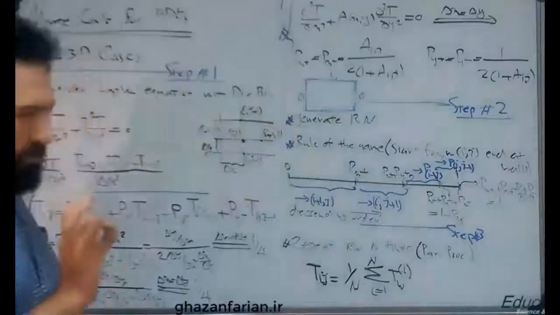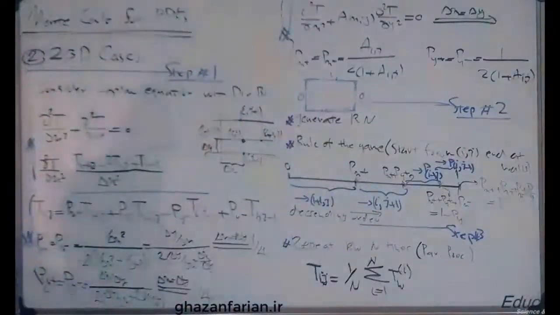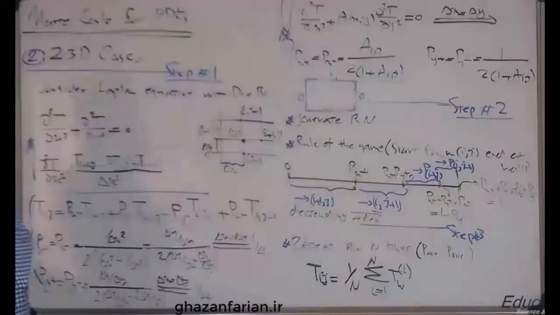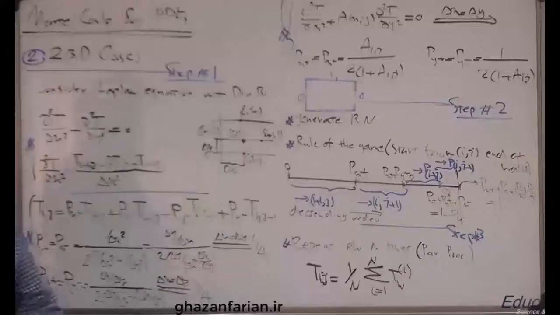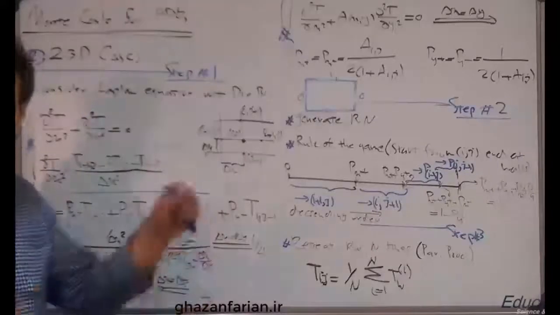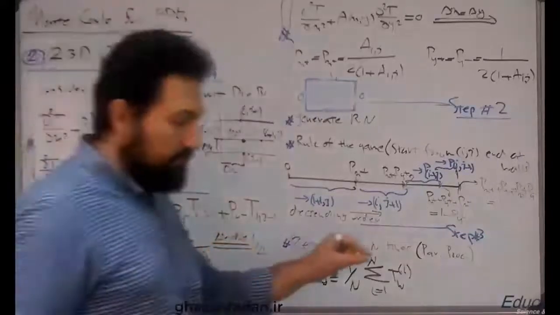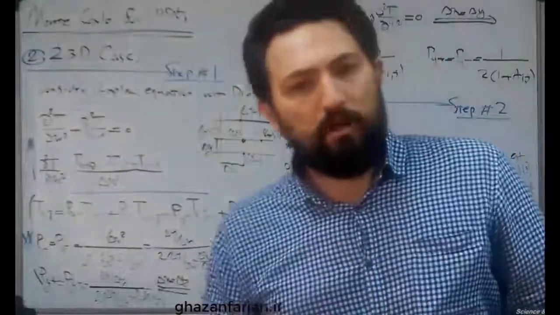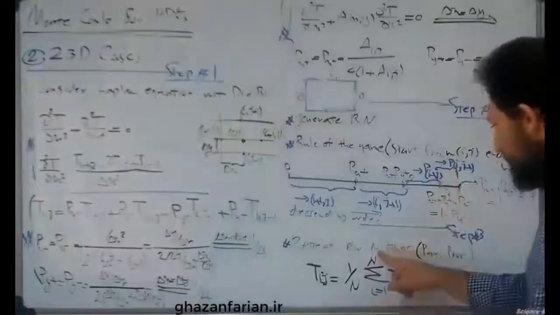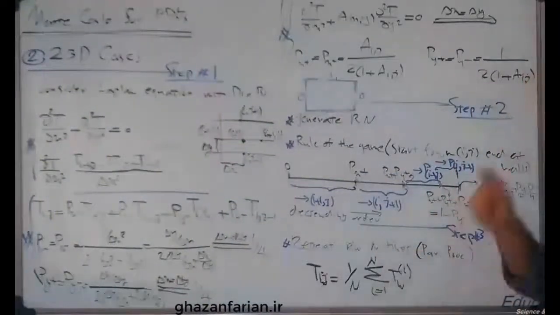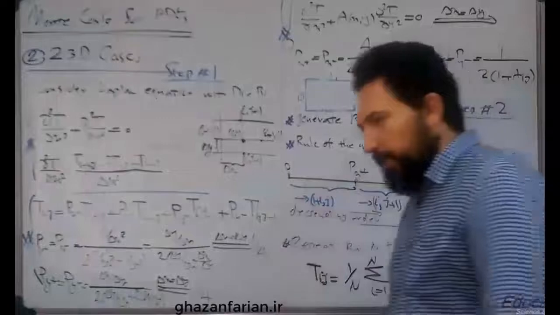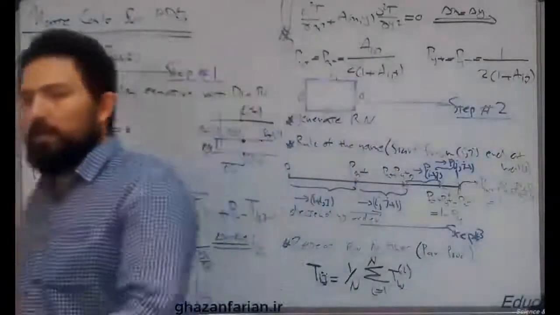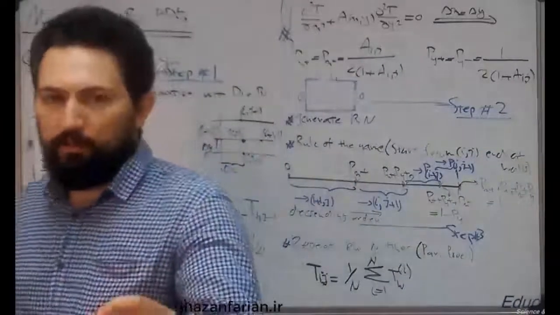So if you reach a grid point on a wall, or a grid point with known temperature, you should finish the random walk process and start another random walk from the first point, and you have to repeat this random walk process n times. Then at the end of each random walk you save the wall temperature.